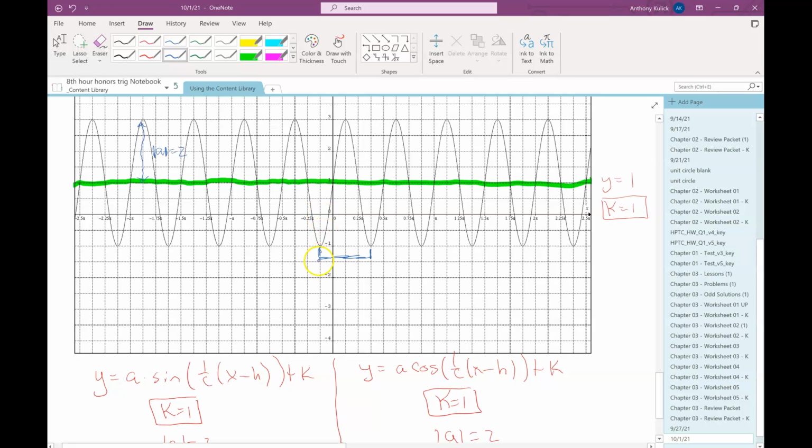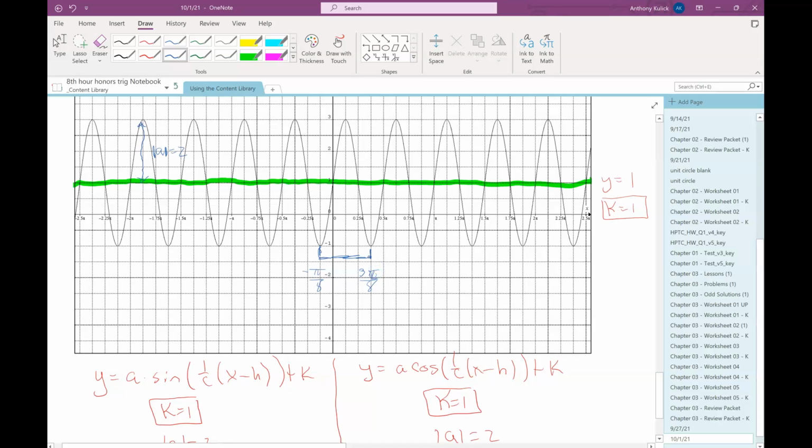So that's going from negative pi over 8 to halfway between a quarter and a half, which is 3/8.